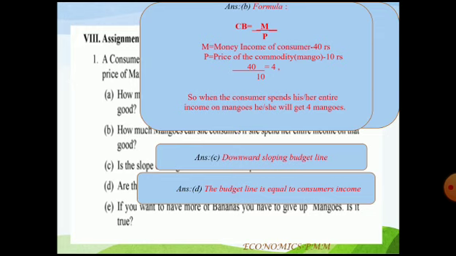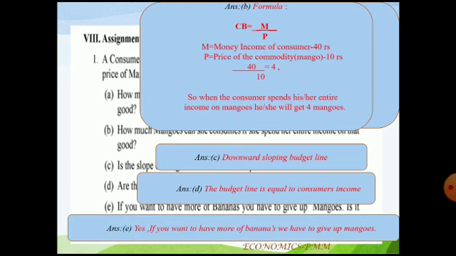And the last question, E. If you want to have more bananas, you have to give up mangoes. Is it true? The answer is yes. As they say in Hindi, to gain something, you have to lose something. The same thing applies here.